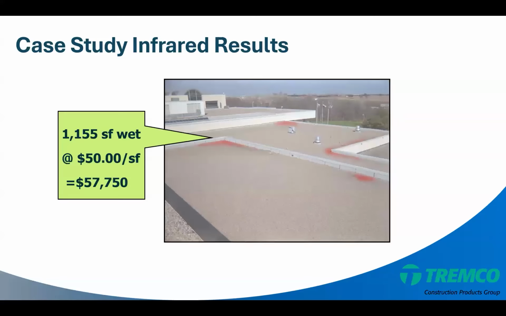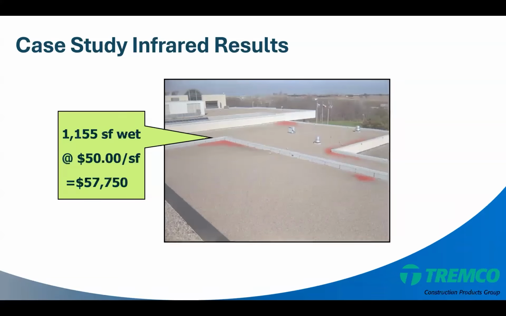So in this case study, the infrared analysis and diagnostics were performed, and these red shaded areas are just indicating where there may have been some water or wet that had gotten into this roofing system. And so it's a small amount, about 1,100 square feet of wet insulation was what the infrared results showed. And at a cost of $50 a square foot to solve this problem, $57,000.